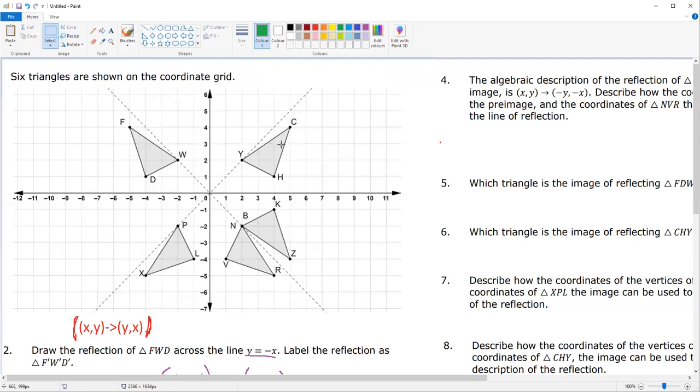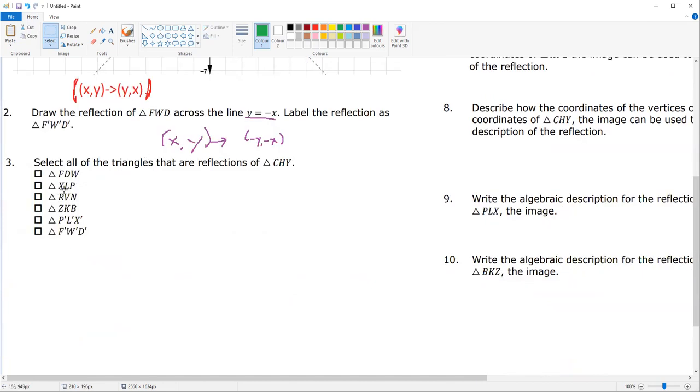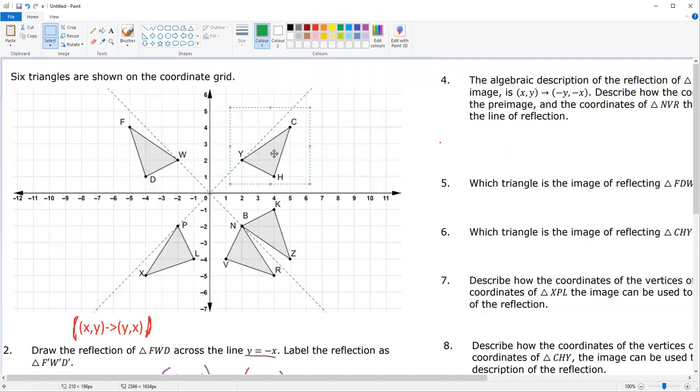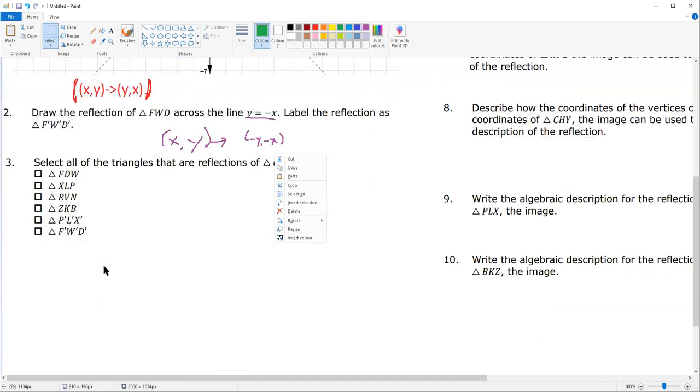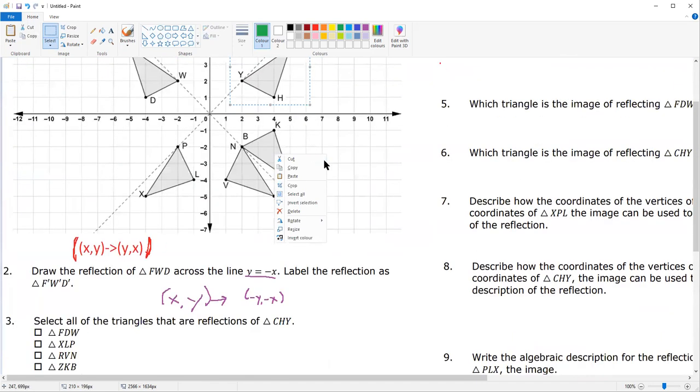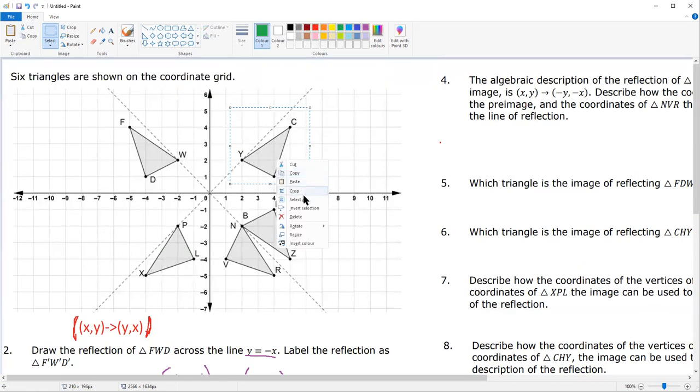I think I'll just do this. So is FDW a reflection of CHY? Well, instead of doing the values every time and plotting things in, let's look at it intuitively here. Let me copy this and paste it.